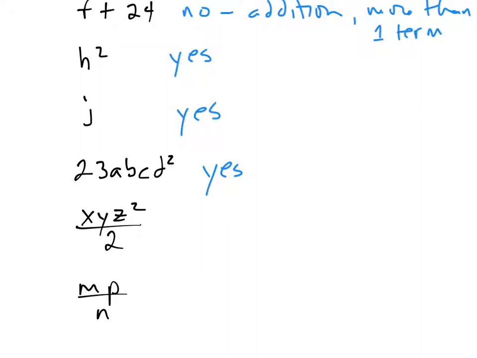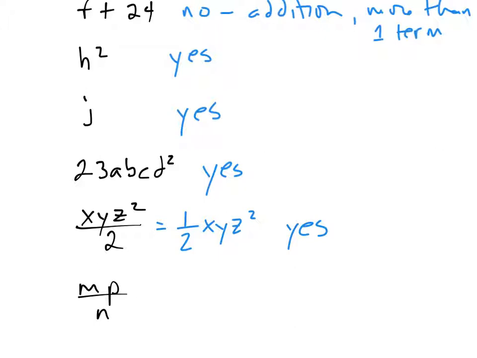It says multiplication, but division by 2 could be rewritten as times 1/2. And 1/2 is a number, right? So I can take this and turn it into 1/2 XYZ squared, right? And so the answer to this one is yes.